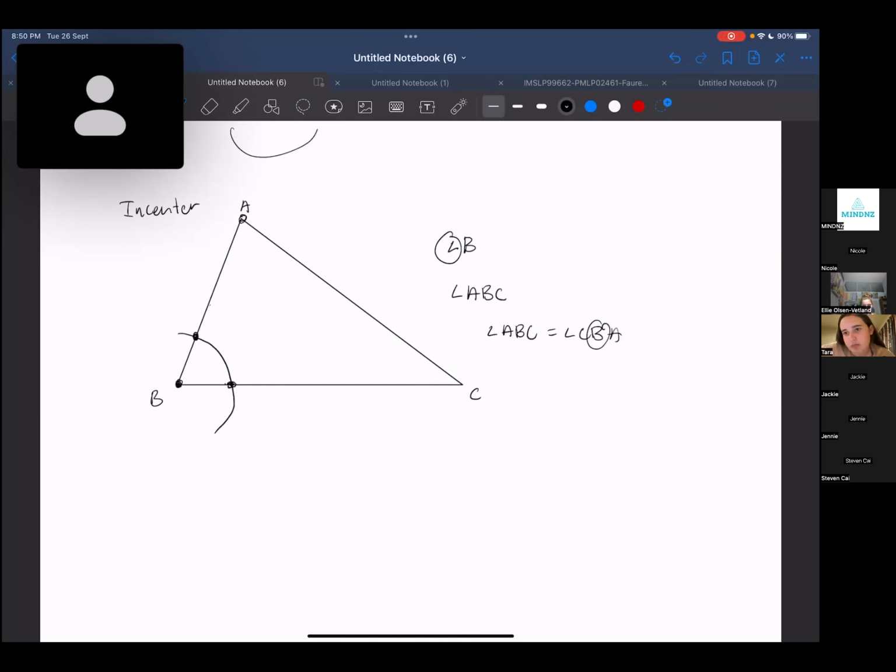So you want to draw another circle from there. So you could go like that. This is a little ugly, but and that. So that these radiuses are the same.